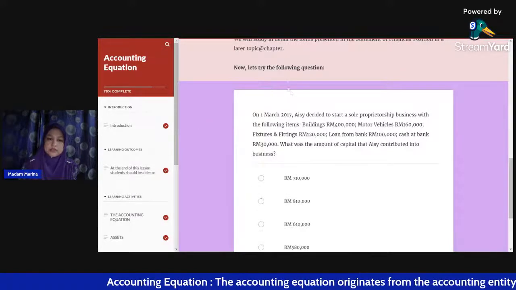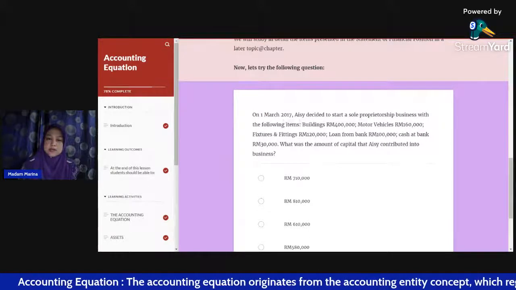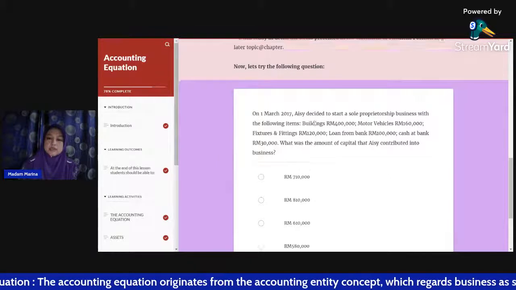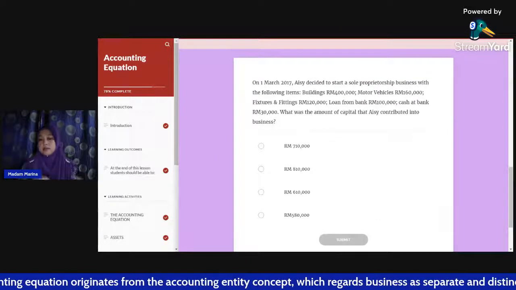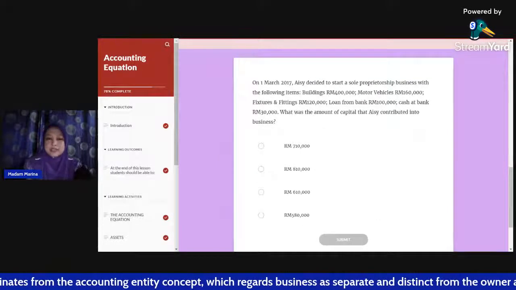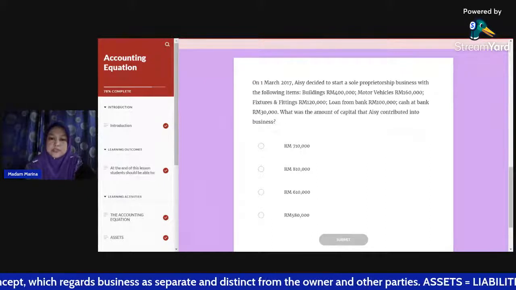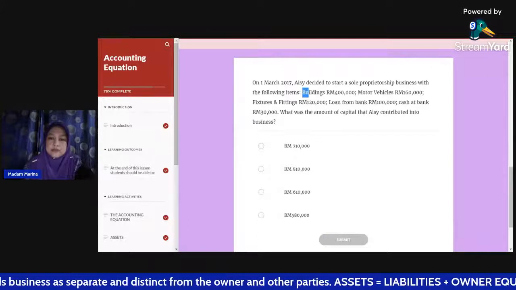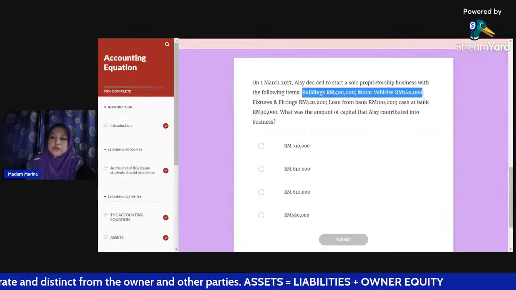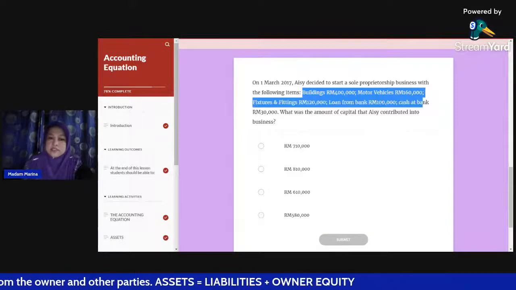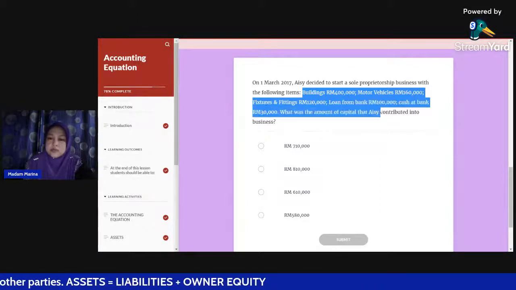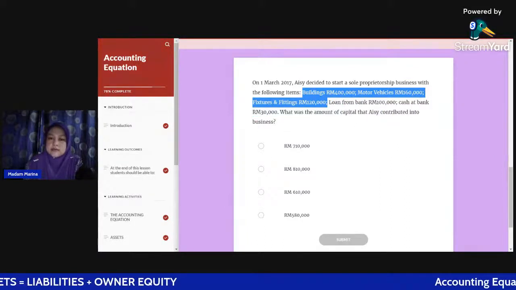Okay, let's try the following question. On 1st March, this is a calculation part. Aish decided to start a sole proprietorship business with the following items: building 400,000, motor vehicle 160,000, fixtures and fittings 120,000. That's the asset.